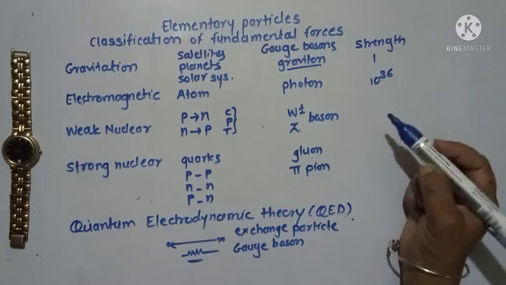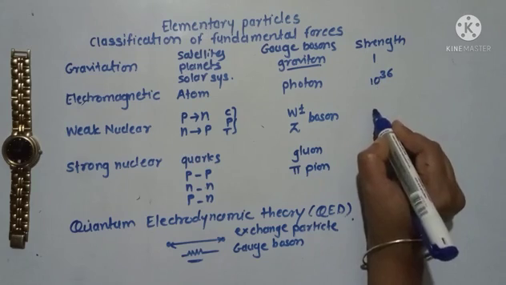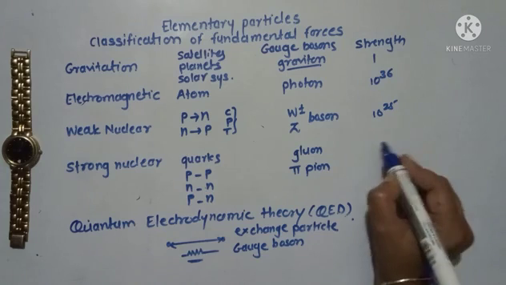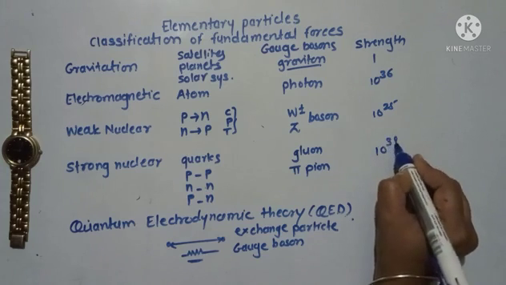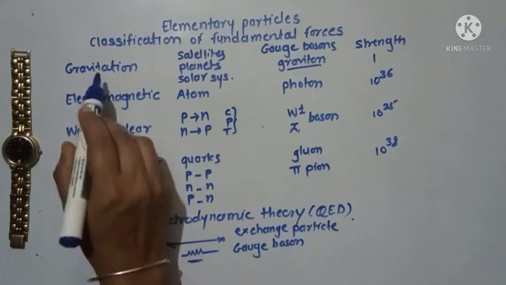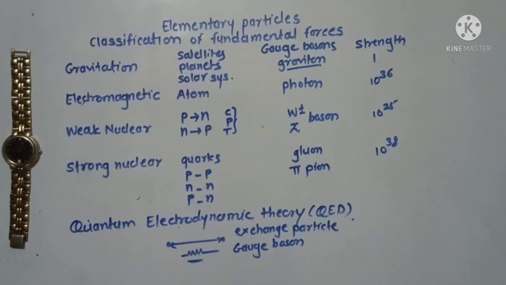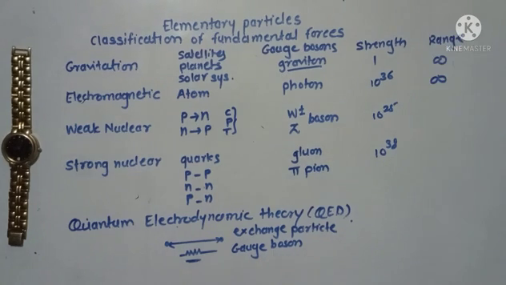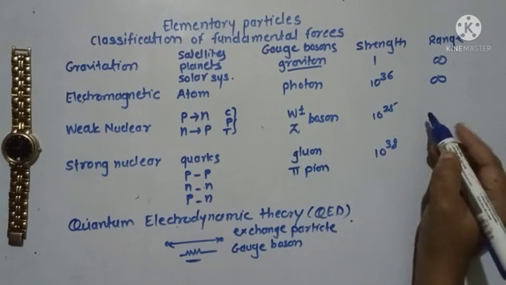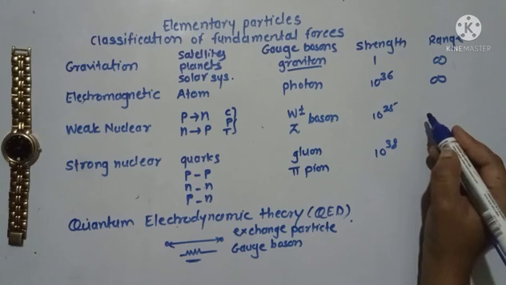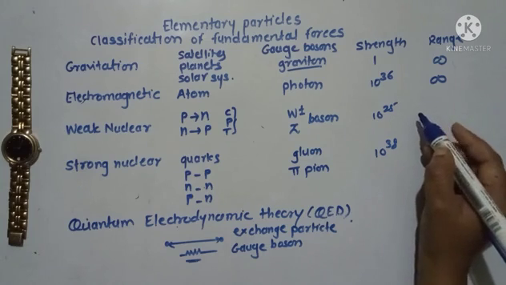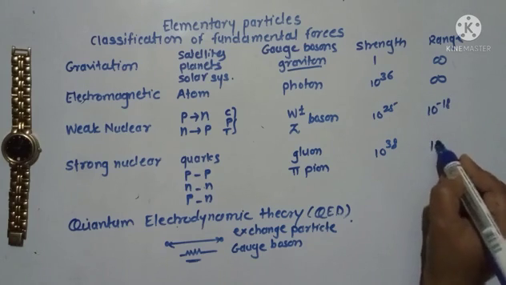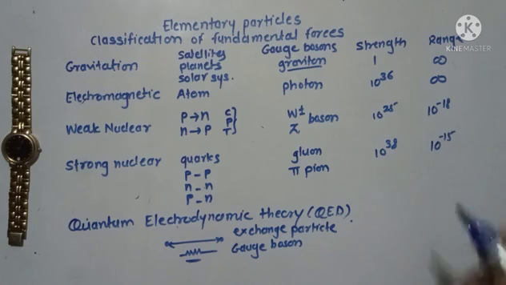The weak nuclear force is nearly 10 raised to 25 times the gravitational force field, and the strong nuclear force is nearly 10 raised to 38 times the gravitational force field. The electromagnetic force has infinite range, like gravitation. The weak nuclear force is in the range of 10 raised to minus 18 meter, and the strong nuclear force is in the range of 10 raised to minus 15 meter.